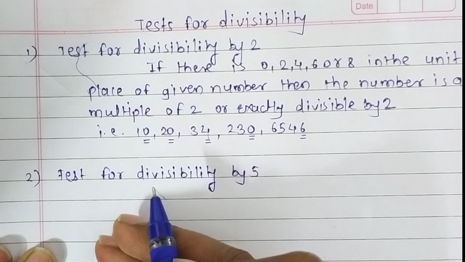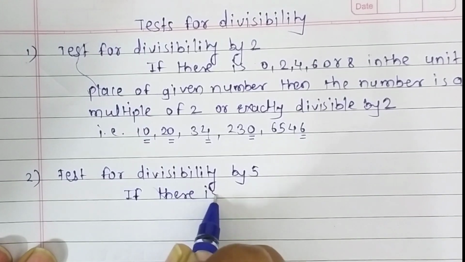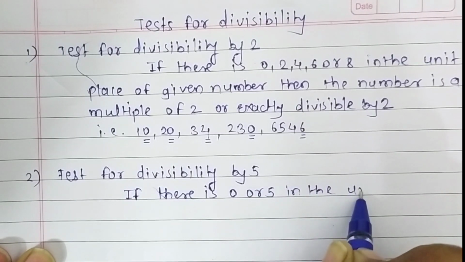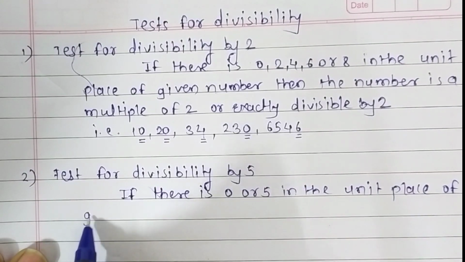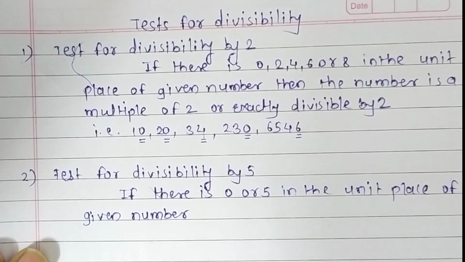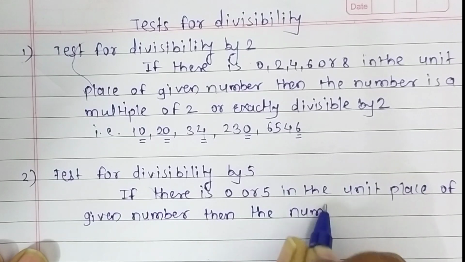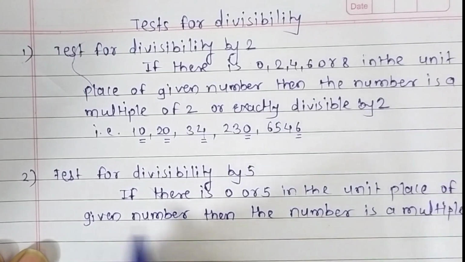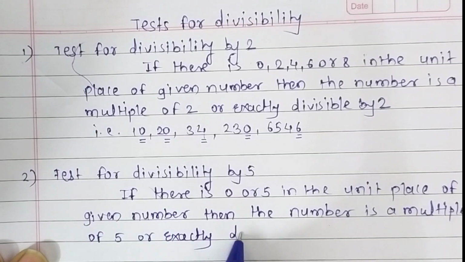The divisibility test of 5 tells us that if there is 0 or 5 in the unit place of a given number, then the number is a multiple of 5 or exactly divisible by 5.